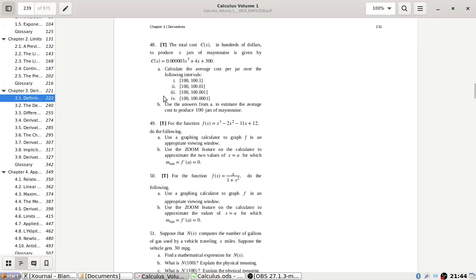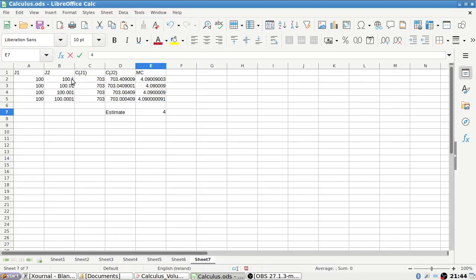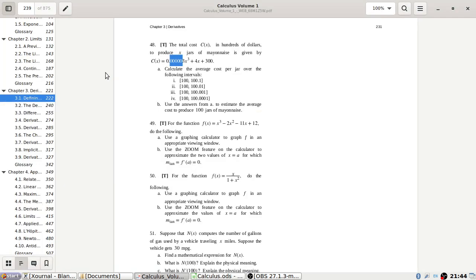I'm missing a zero. $400 to produce a jar of mayonnaise?